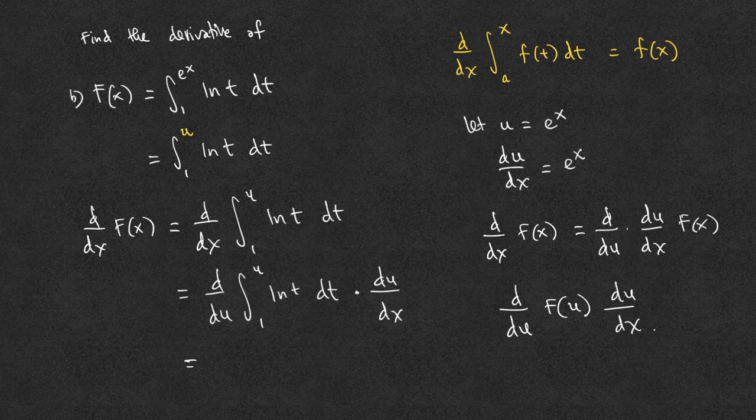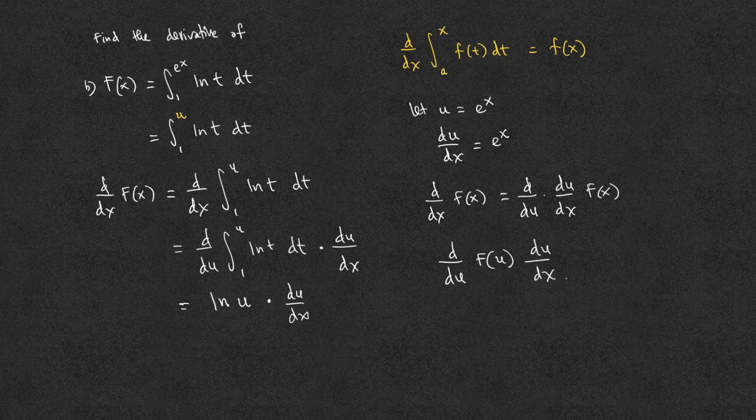But this u in the upper limit of integration matches the du, or u in the du in the denominator, so these cancel out, leaving us with ln of u, not t, times du dx. But this is not the answer because there's no u in the original given expression.